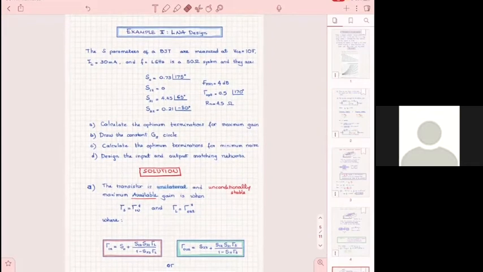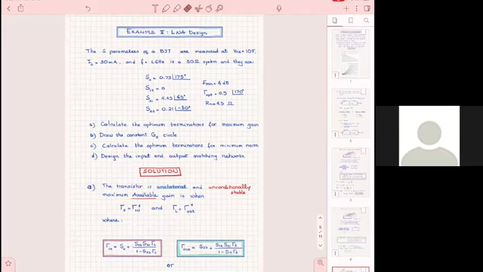Okay. Now we go to an LNA design. And some steps I have left to do slowly here because I know that some of you will need that review again.